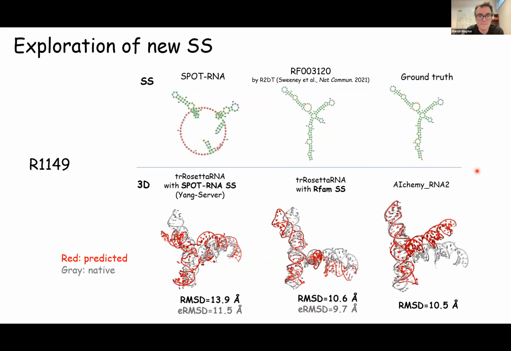I also read that other top groups in CASP15 were also trying to improve the secondary structure prediction, by reading literature to collect information or by correcting the long-range contacts by experience.